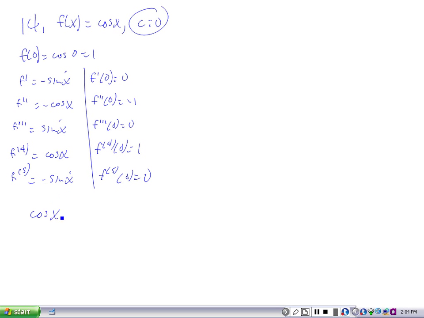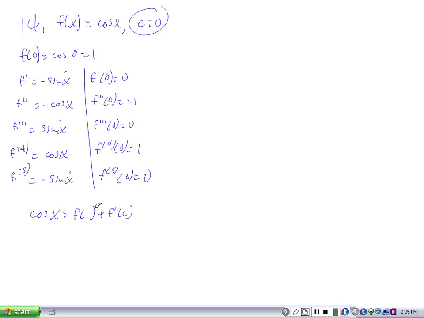So we want to write cosine x using the definition of Taylor's or Maclaurin, since c is equal to 0. This guy is f of 0 plus f prime of c. c is 0.